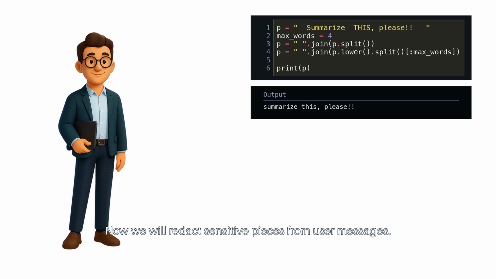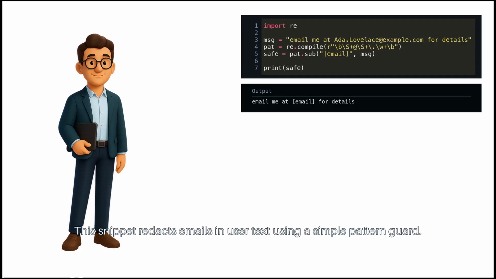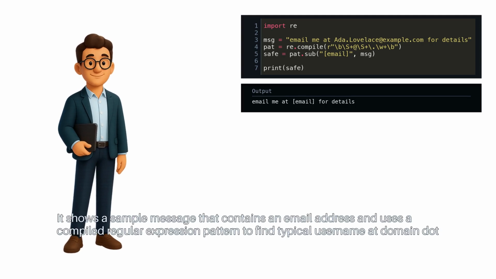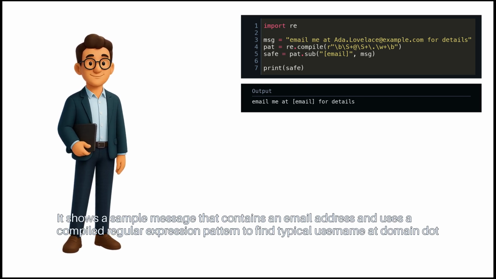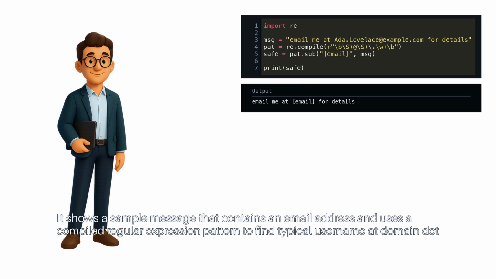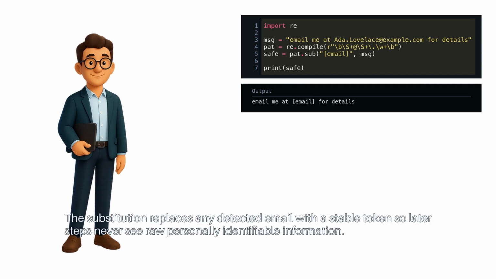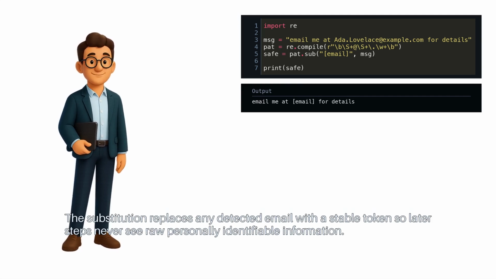Now we will redact sensitive pieces from user messages. This snippet redacts emails in user text using a simple pattern guard. It shows a sample message that contains an email address and uses a compiled regular expression pattern to find typical username at domain.extension shapes. The substitution replaces any detected email with a stable token, so later steps never see raw, personally identifiable information.